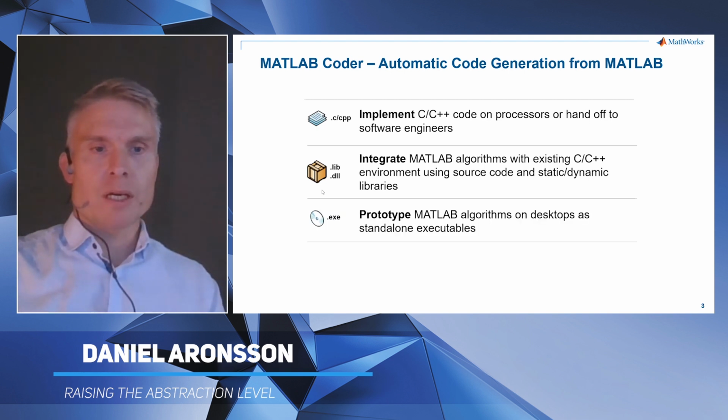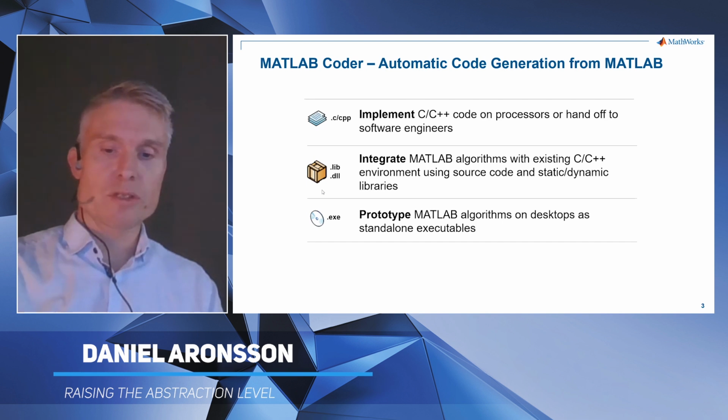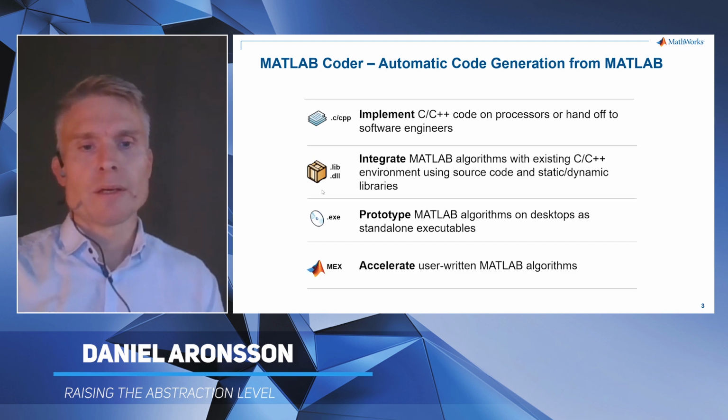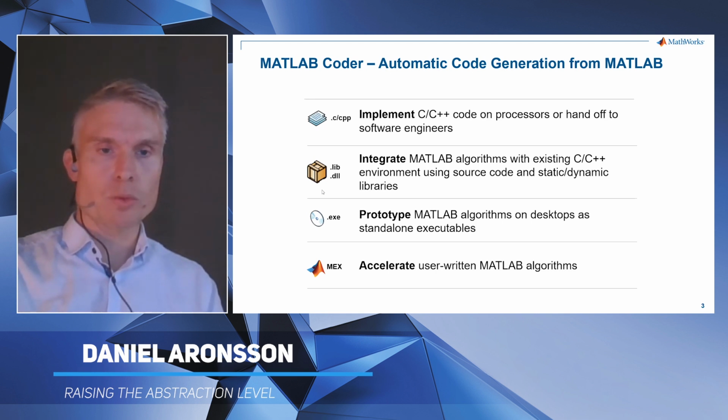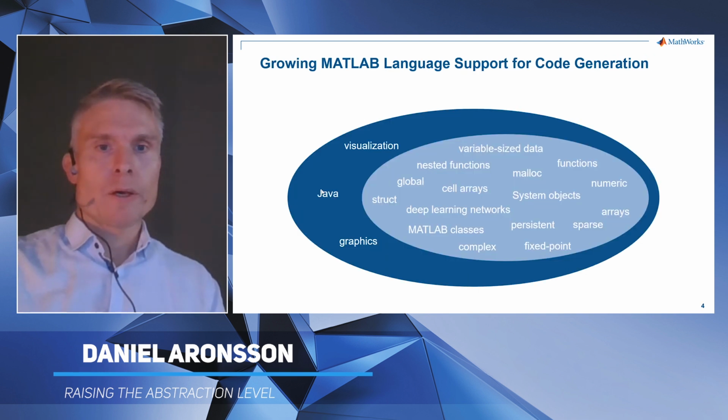Some people also want to prototype their MATLAB algorithms as standalone executables, and that is also something that you can do with this tool. And lastly, some people want to stay in MATLAB, but they want to use automatic C code generation to speed up their algorithms. What we're going to focus on today is really the first one, or the first two, where you quickly go from MATLAB to something that is readable in C, and you can hand that off to software engineers. So that is what we're going to talk about today.